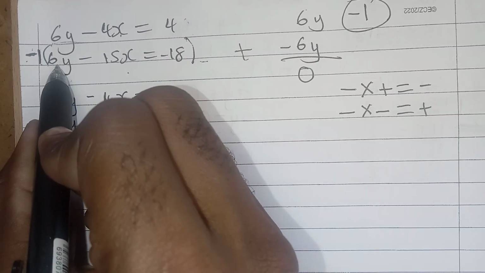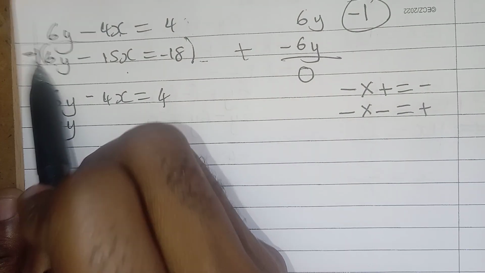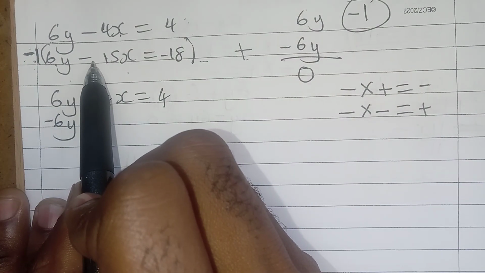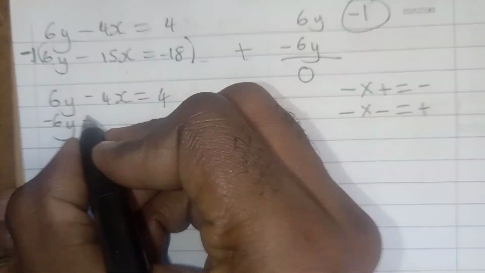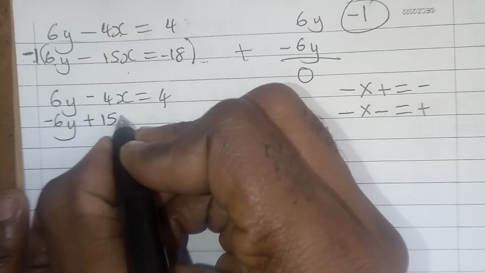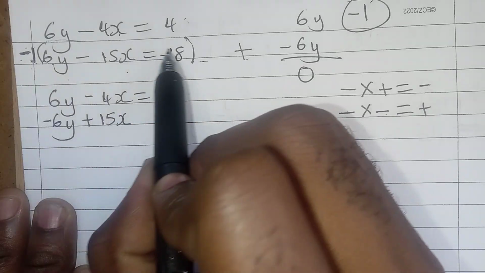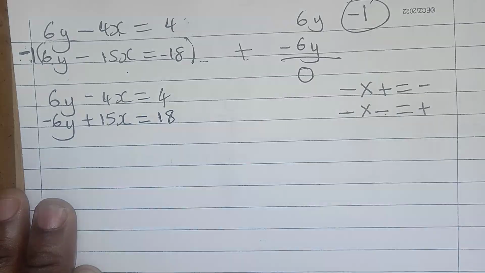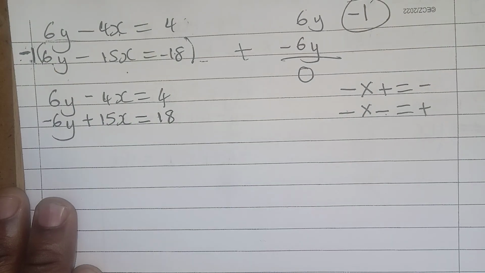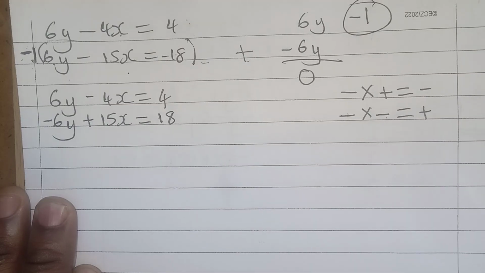Then negative 1 multiplied by negative 15x, negative and negative is positive, this will be positive 15x. And then negative 1 multiplied by negative 18 gives positive 18. So now, as you can see, we have something similar to what we were looking at in the first assignment.